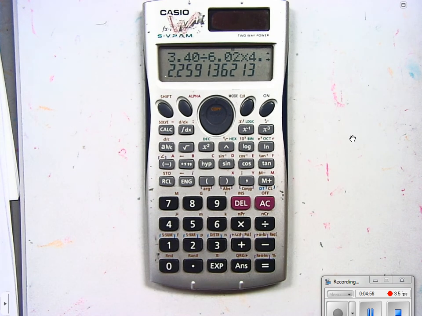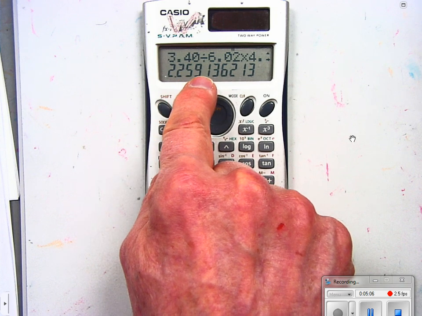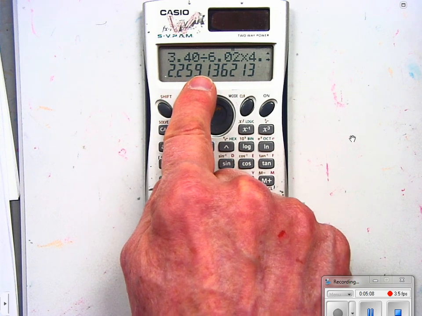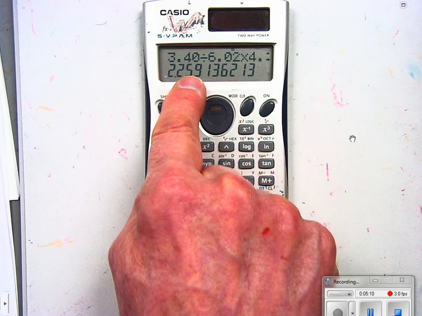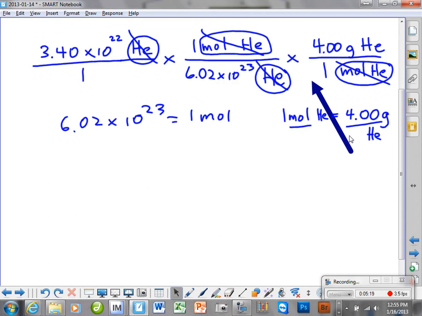And that's 2.26, because I'm going to round right here at the 5, and I look at the 9 there, and that 9 is bigger than 5, so that will raise the 5 to a 6, and that would be 2.26. So let's go back and write that in.